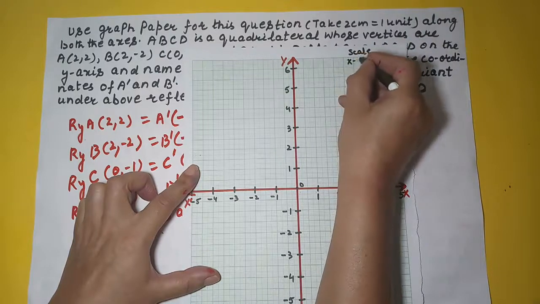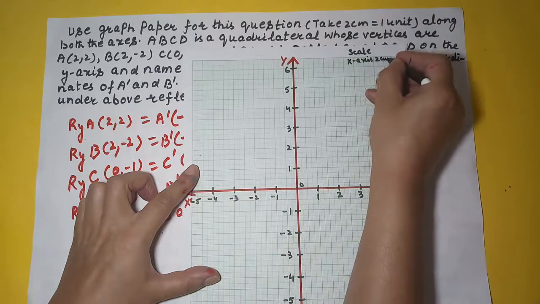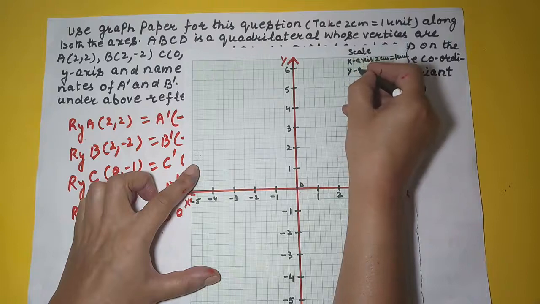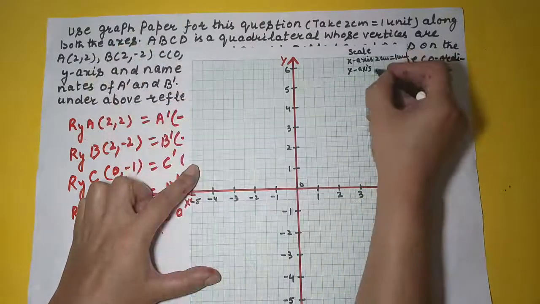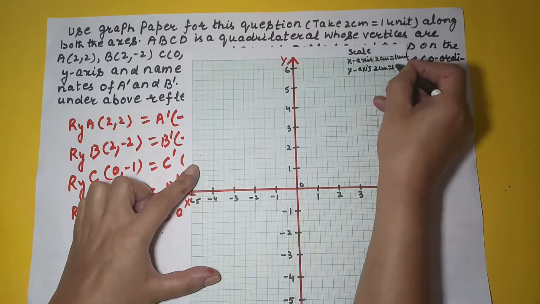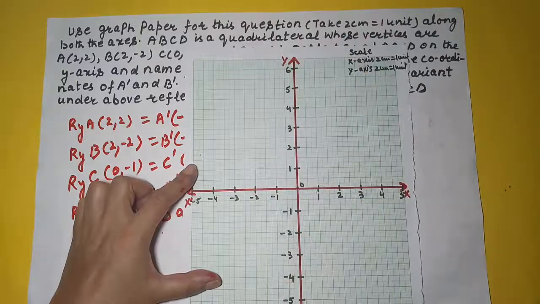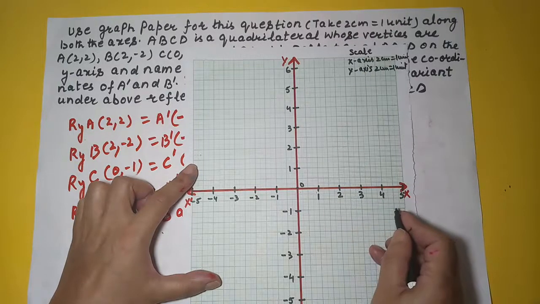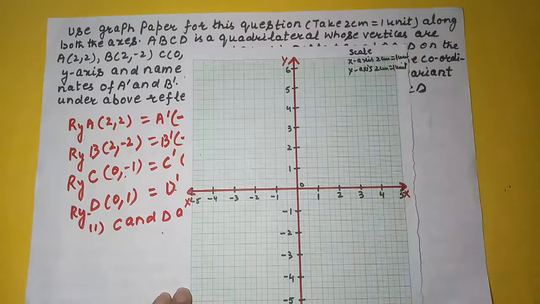So along x-axis, 2 centimeter equal to 1 unit, and along y-axis same scale along both the axes, 2 centimeter equal to 1 unit. Sometimes you are given different scales also. Along y-axis you may have to take different scale, or along x-axis you may have to take a different scale, or you can choose that also when the scale is not given.